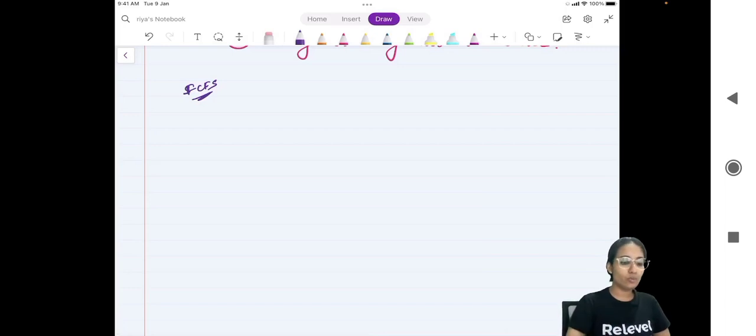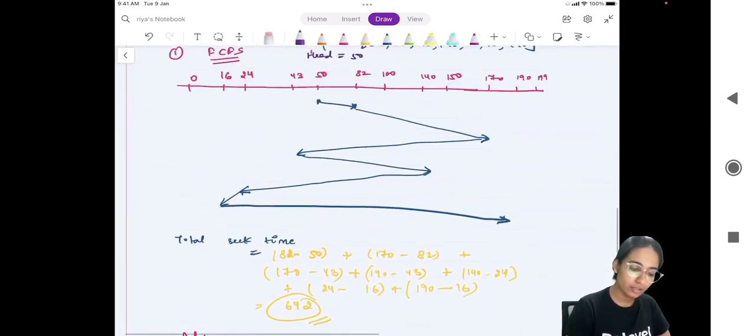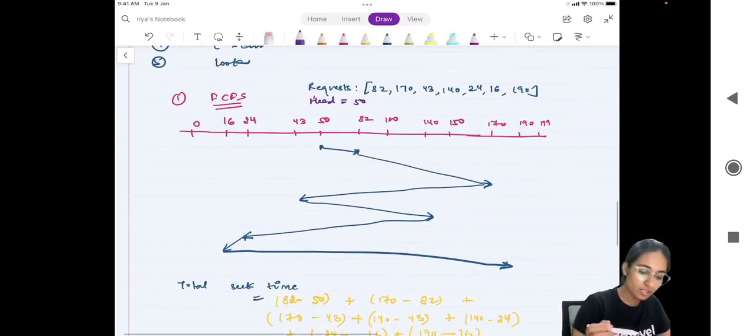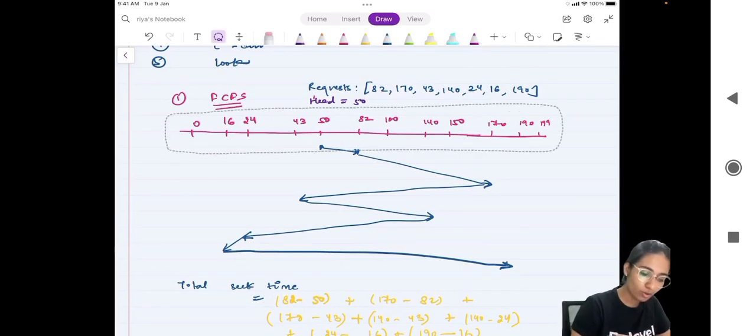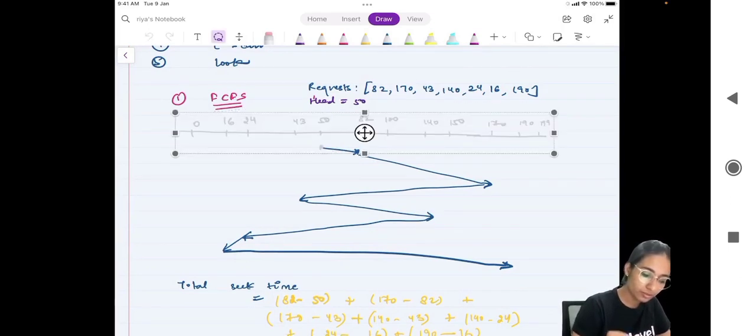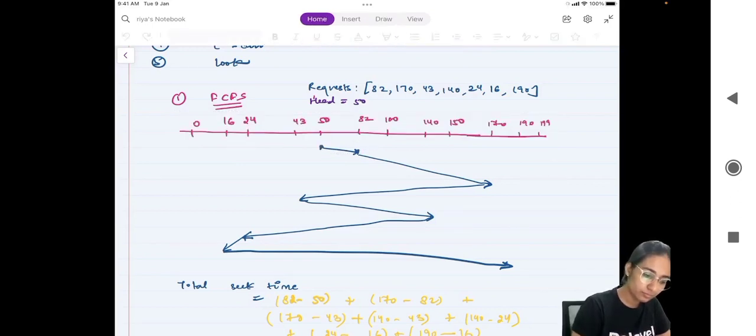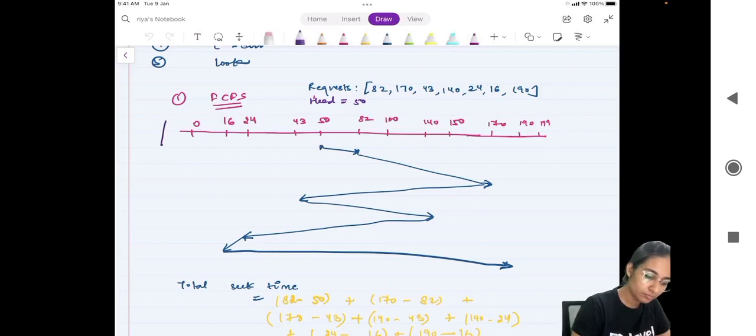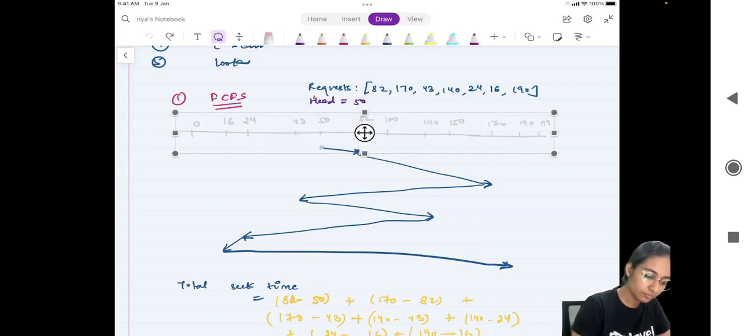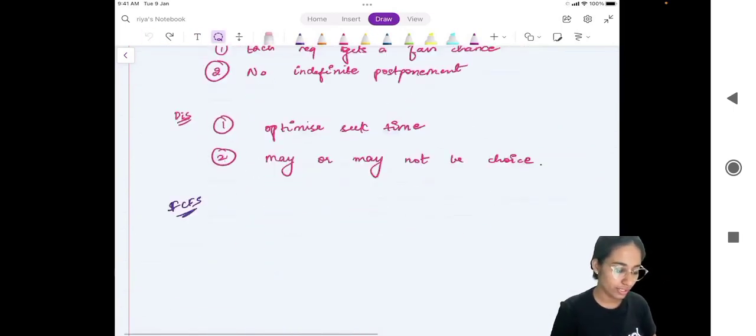Okay, so what I'm going to do is actually consider the same requests for better understanding. I'm not sure if it will get copied. No worries, let's draw it ourselves.